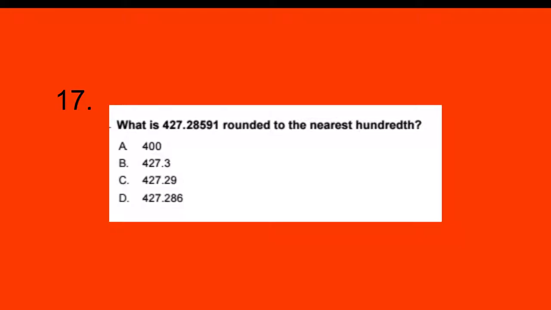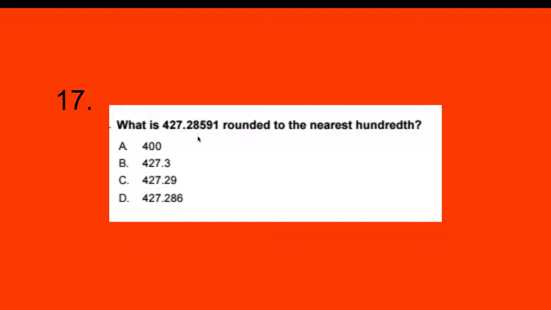Last but not least, we're going to talk about number 17. Number 17 says, what is 427 and 28,591 hundred-thousandths rounded to the nearest hundredth? The first thing that I have to do is find my hundredths place. My hundredths place is right here where this 8 is.